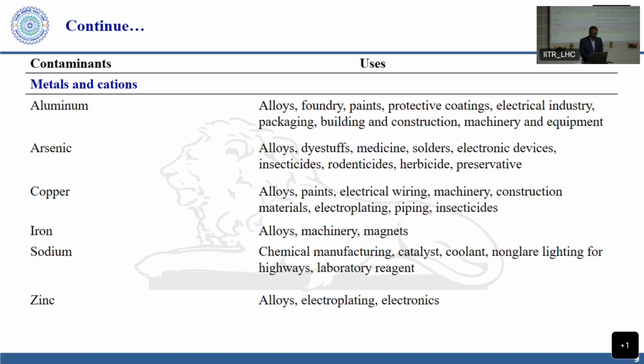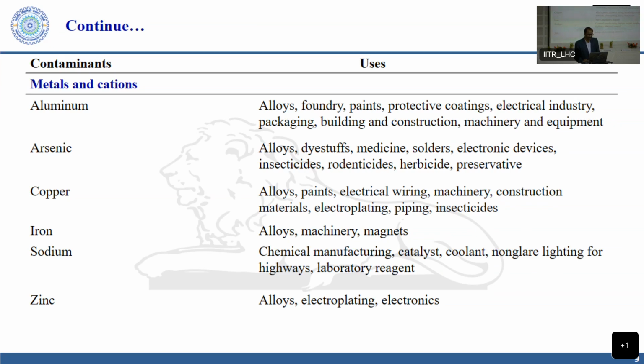The next is the metals and cations, that is aluminum. Aluminum is an alloy used in foundry, paints, protective coatings, mostly in the electrical industry. Arsenic is used in dyestuffs, medicine, solders, electronic devices, insecticides, herbicide, and preservative.